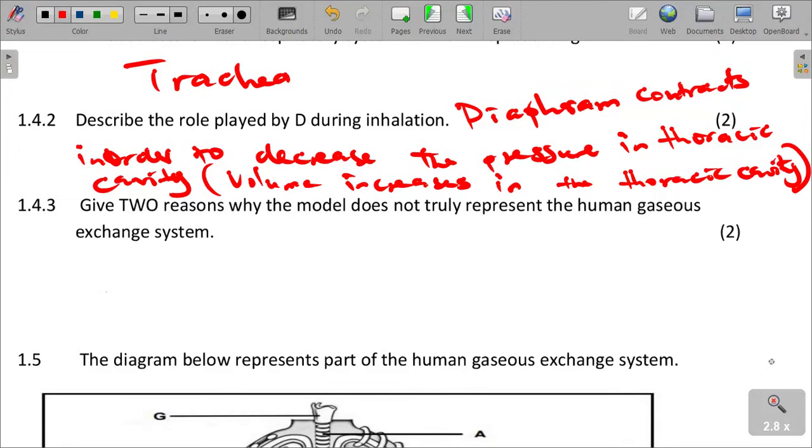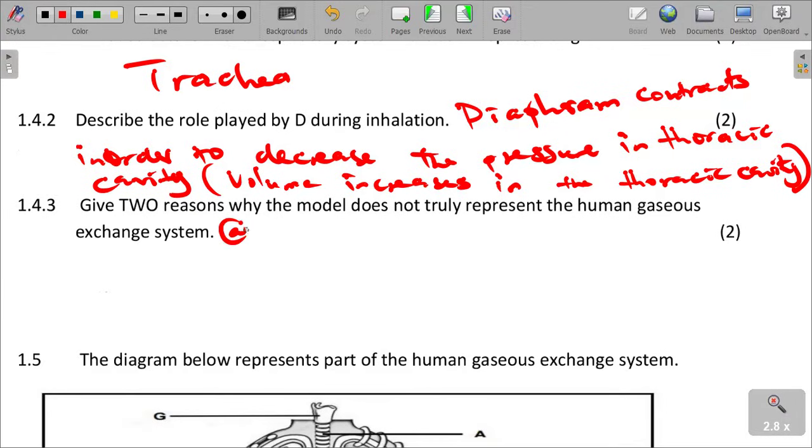Then 4.3: give 2 reasons why the model does not truly represent human gaseous exchange. It cannot fully show human gaseous exchange because it's just a demonstration.